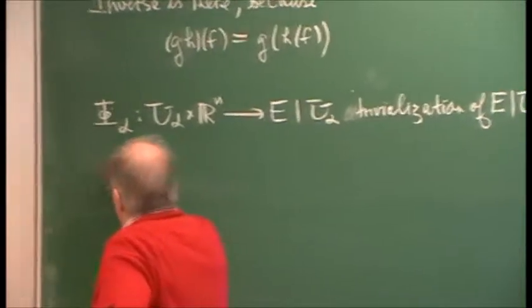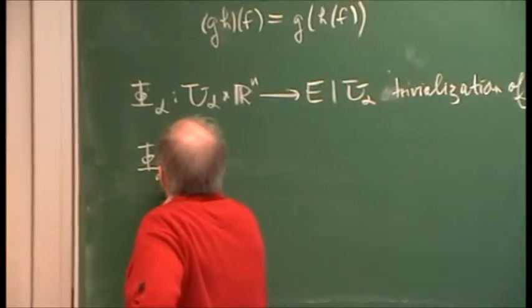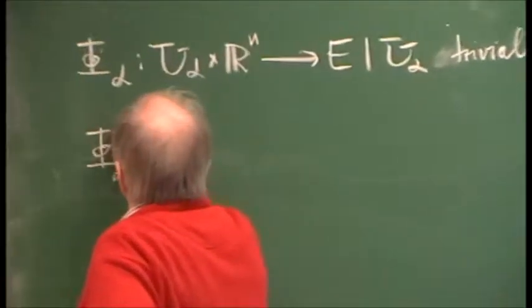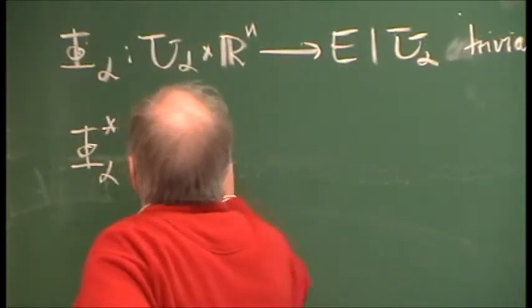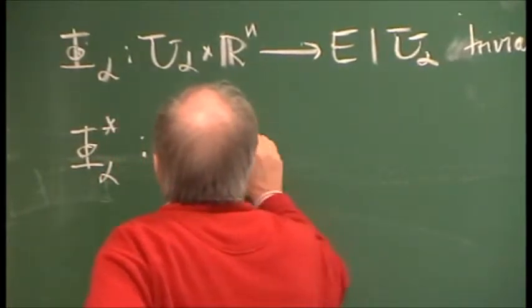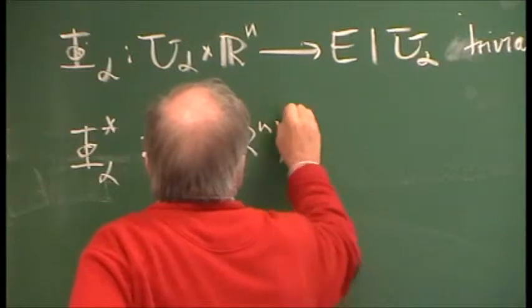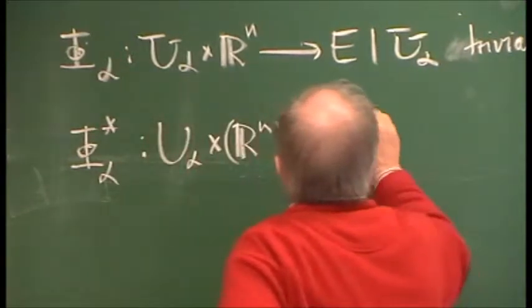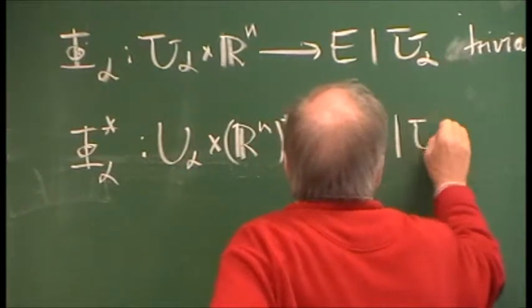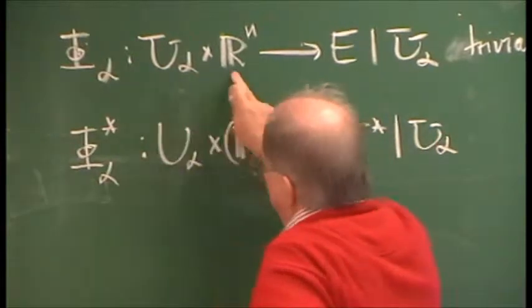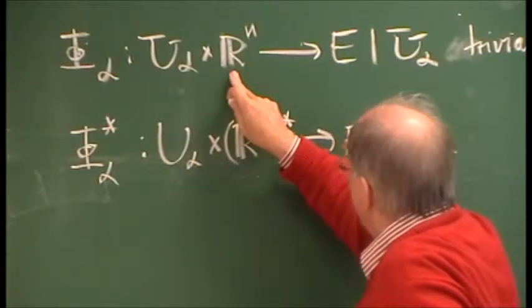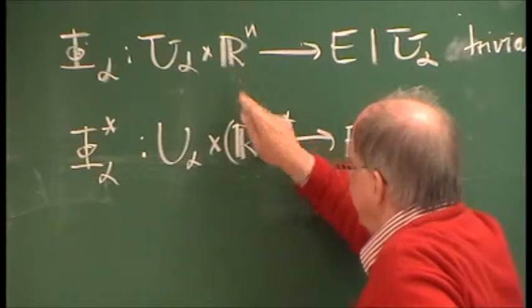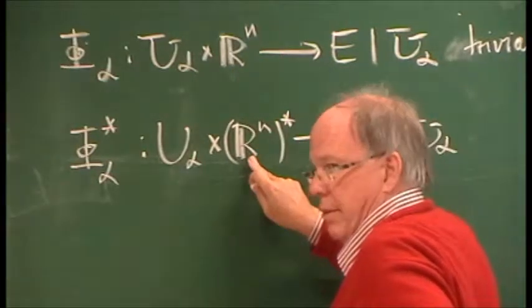Then, in some sense, let me just use some funny notation. Let's call it phi star of U alpha, the trivialization of the dual bundle. I have to tell you what that is. You just have to take the dual frame. So here you're taking the standard basis e1 through en as a frame. Here you take the dual frame.